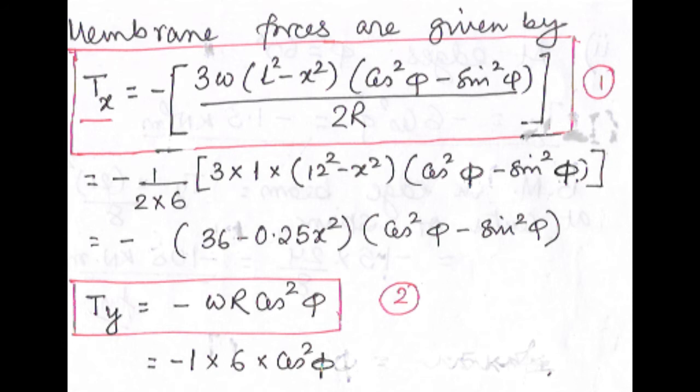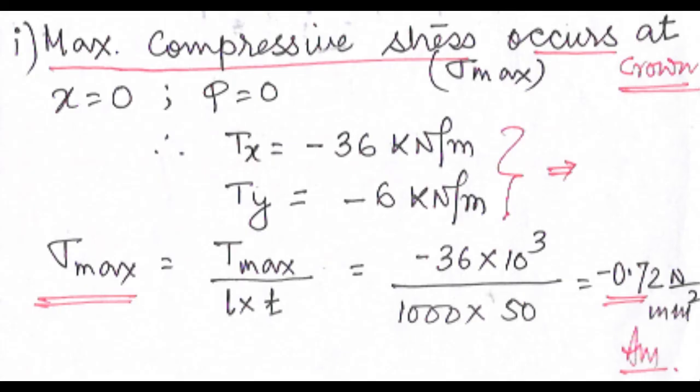Now for Ty, the membrane force along the y-axis is given as minus WR cos square phi. W is 1, R is 6, so minus 6 cos square phi. Now maximum compressive stress occurs at the crown. So sigma max we have to find at the crown, where x equal to 0 and phi equal to 0.